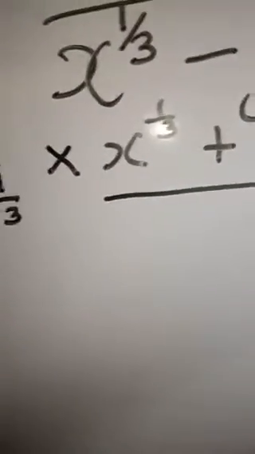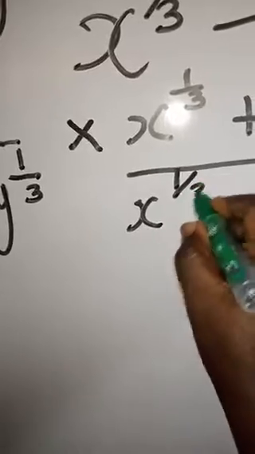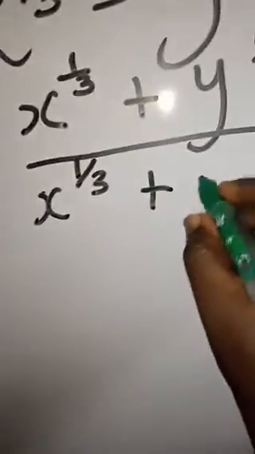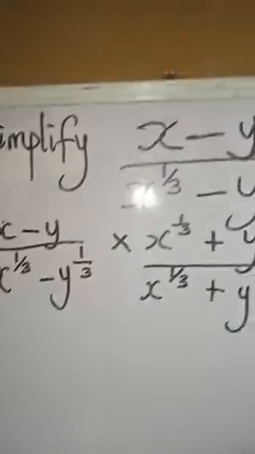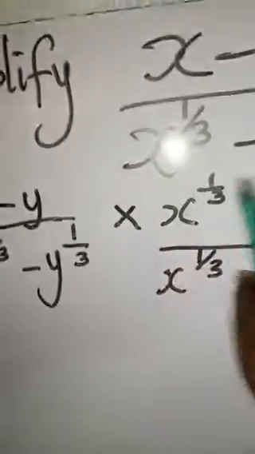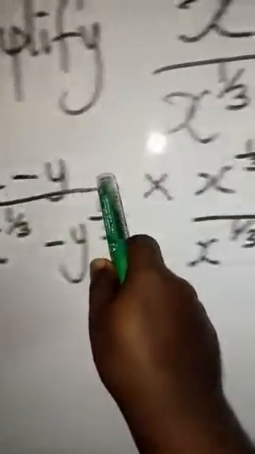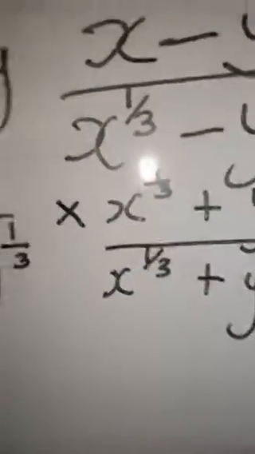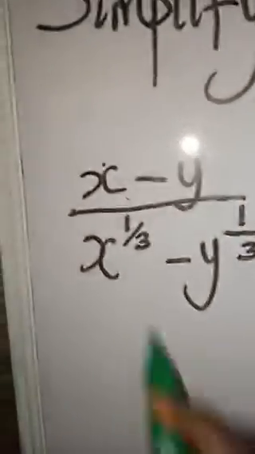Then we have to multiply the denominator too by x raised to power 1 over 3 plus y raised to power 1 over 3. So up here now, we are multiplying x by everything here. Then also, we are multiplying minus y by everything here. So let's get it started.